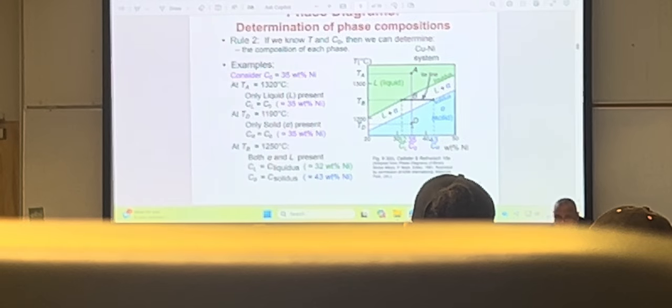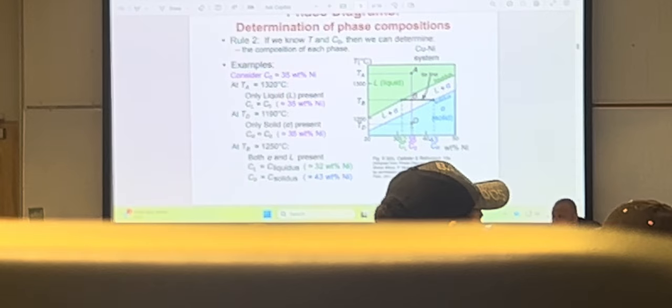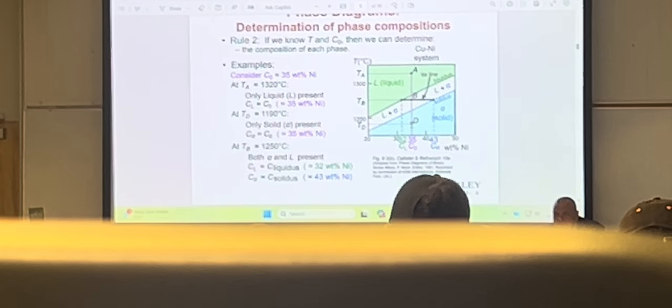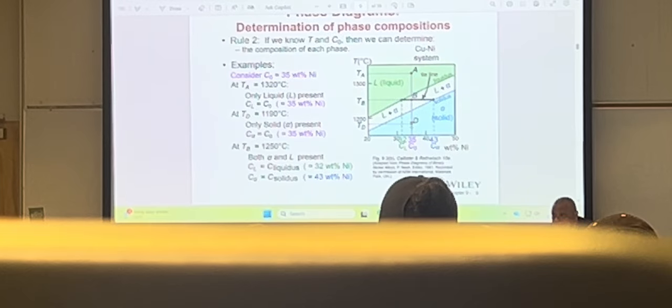And you're living with $5. So you started with 35% nickel. You ended up with 35% nickel. There's conservation of mass, energy, and $5 in your pocket.